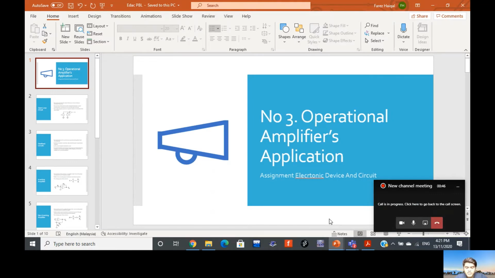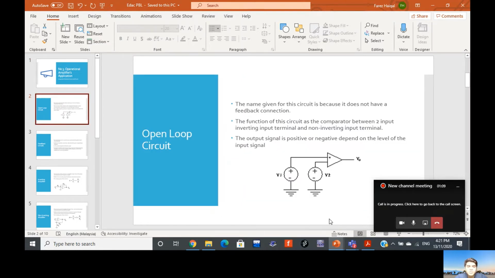Today I will present about Task 1, questions number 3 and 4. Question number 3 asks about operational amplifier applications. The first application of the op-amp is the open loop circuit.